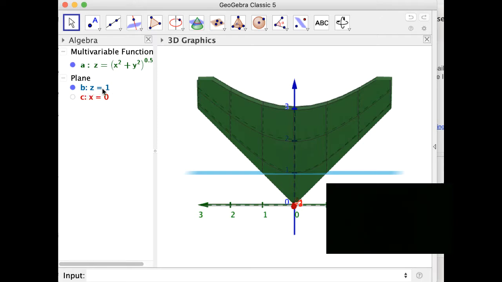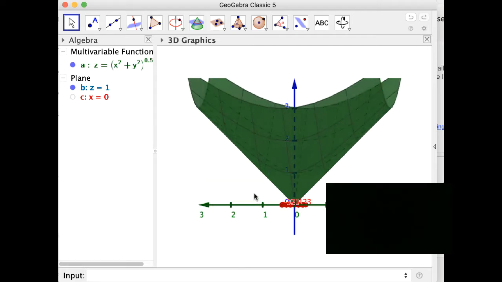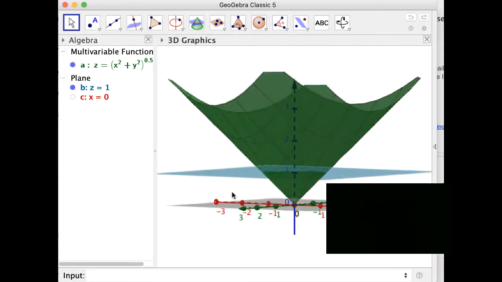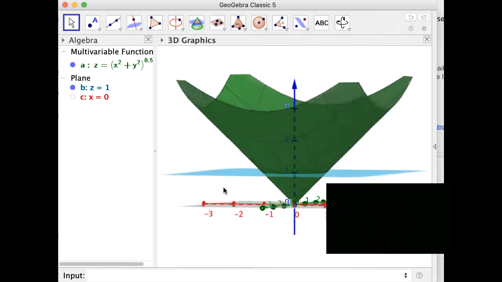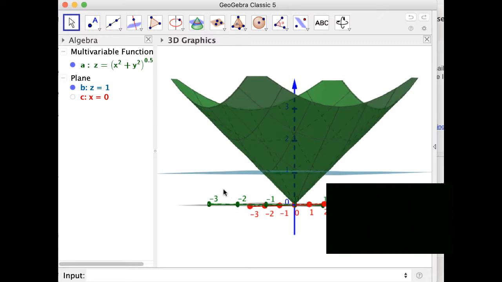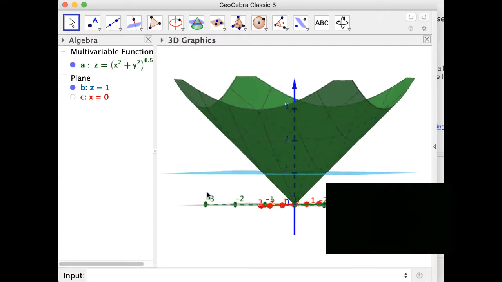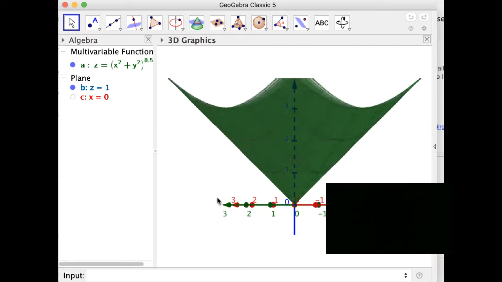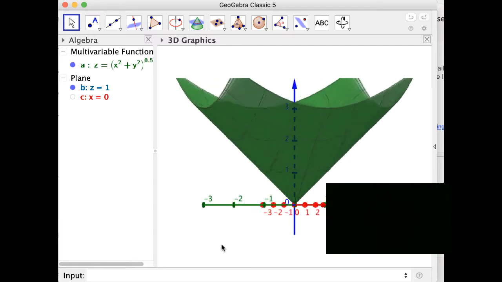So for example, z equals 1 does not involve the angle theta, and z equals root of x squared plus y squared does not involve theta, because once you switch to cylindrical coordinates, this just gives you z equals r. So visually, this means that as you rotate about the z-axis, you essentially see the same figure from all points of view.